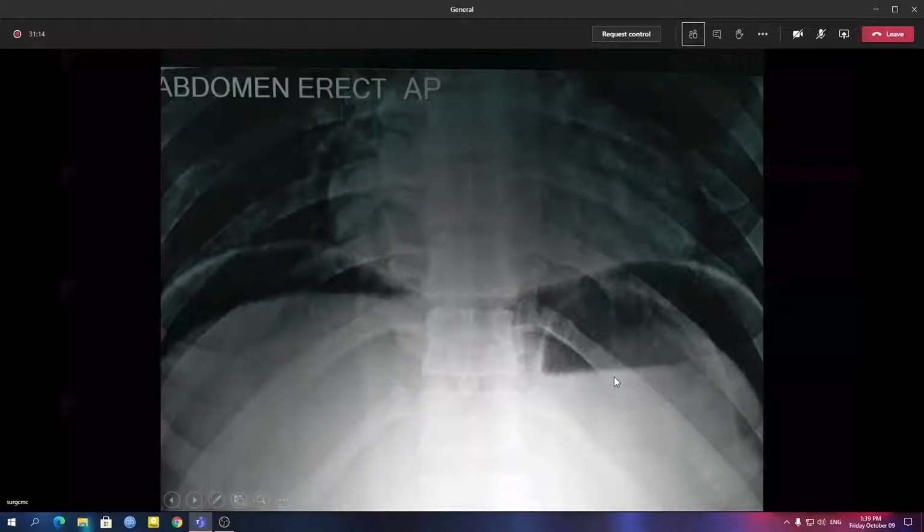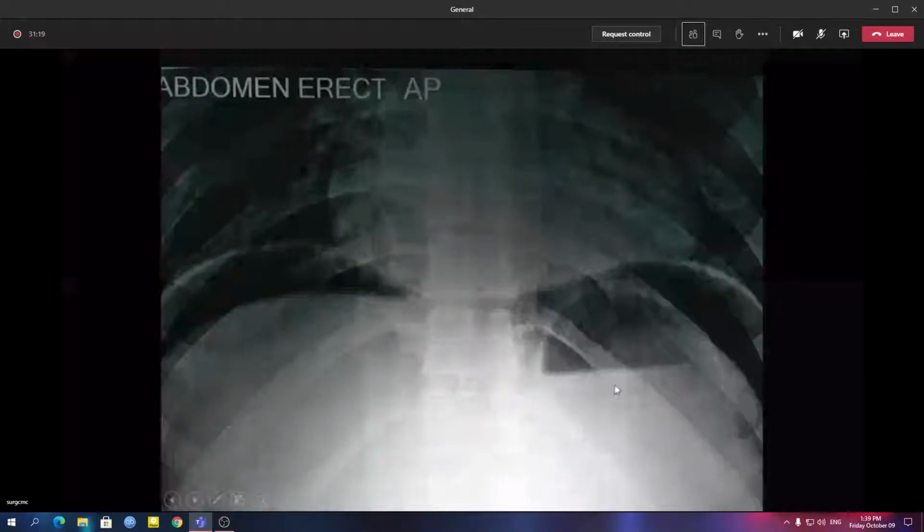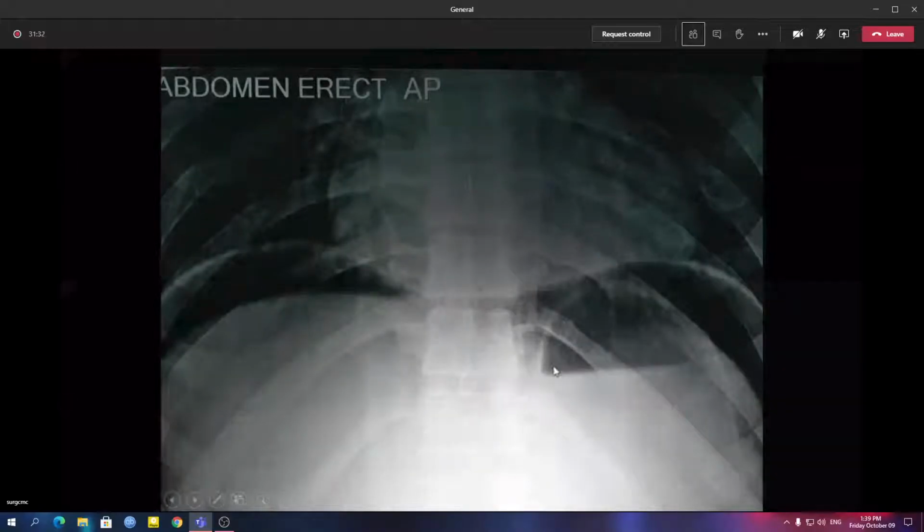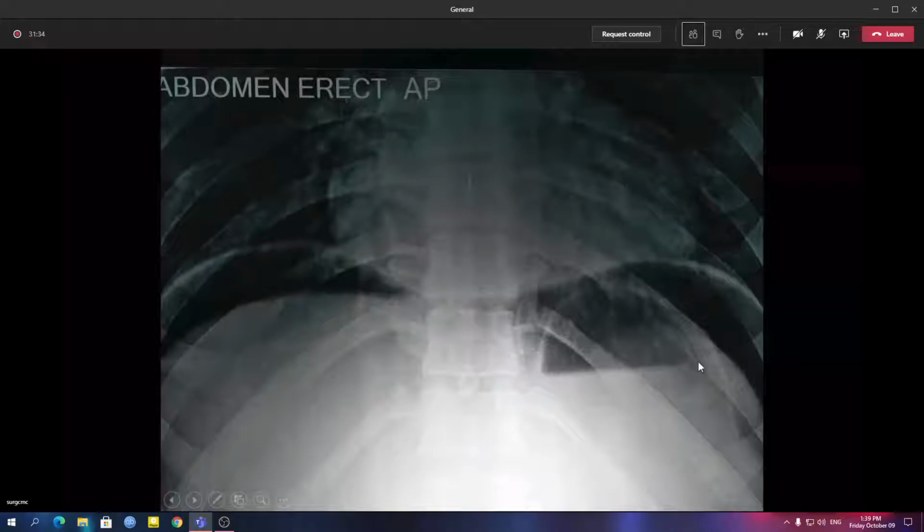So that will again give you a horizontal line like this in the stomach itself, like you got in a case of hydrothorax. So this is probably due to an old case of peptic perforation where there is a fluid level within the stomach because of paralytic ileus, which is also a feature of peritonitis.